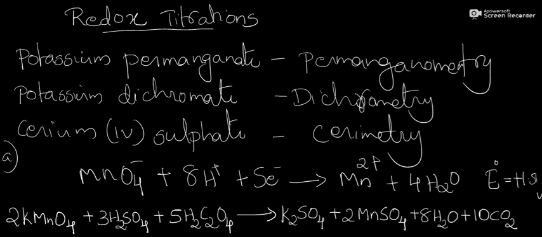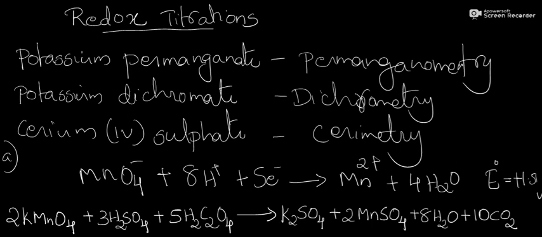Then what is the case of hydrochloric acid? We cannot use hydrochloric acid for acid medium because permanganate ion oxidizes chloride ions to chlorine. That will cause positive error to the redox titration. Thus, the use of concentrated sulfuric acid, nitric acid or HCl makes errors in the estimation of permanganometry.